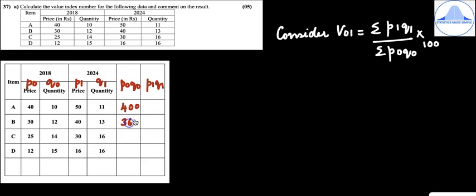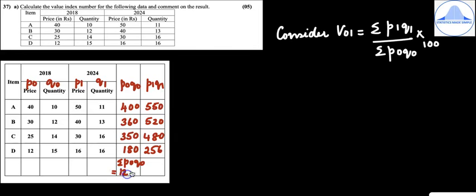Similarly, the next is 360. Then we have 350 and 180. Similarly, find out P1 Q1. So 50 into 11 is 550. Then we have 520, 480 and 256.